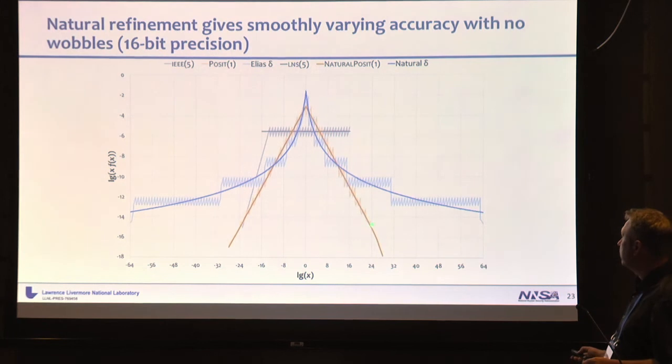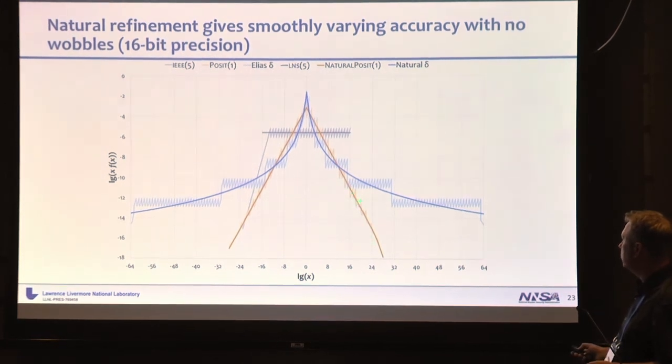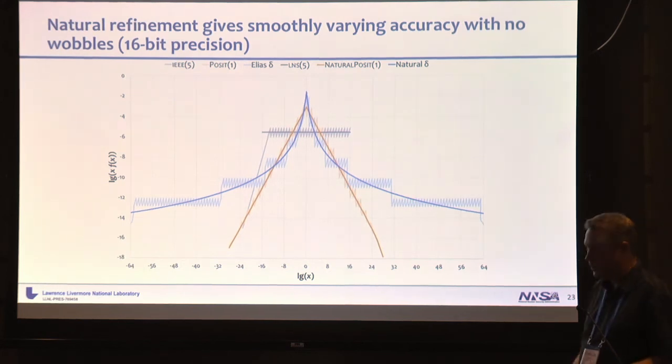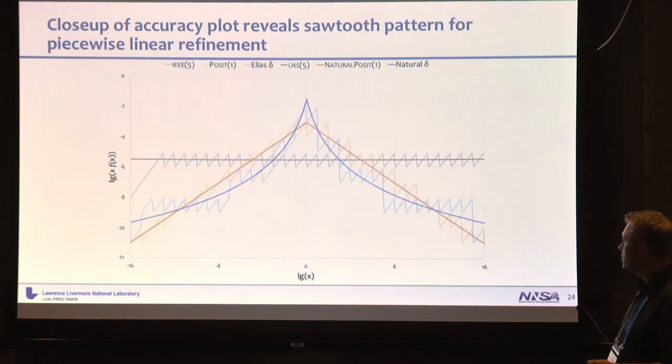For POSITs with 1-bit exponents, you get this sawtooth-looking thing in yellow. If we use natural refinement, you get this nice triangular shape instead. And we have the same thing for ELIAS delta, where you get these smoothly interpolating representations. And this is probably more clear in this plot here, where we're zoomed in.